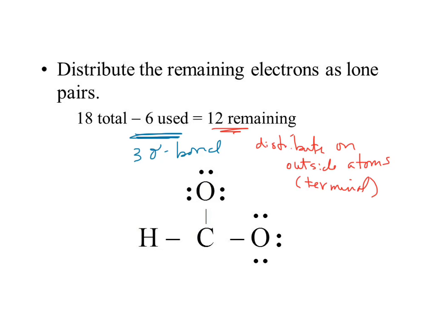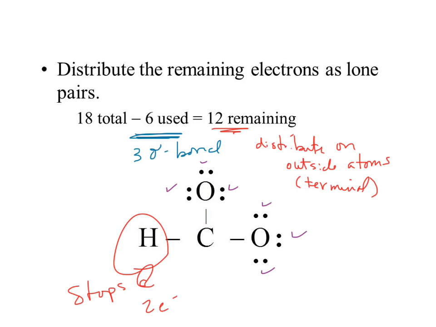We have 3 terminal atoms, hydrogen and oxygen, but hydrogen doesn't want any more. Hydrogen stops at 2 electrons. So if you count up these lone pair electrons, 2, 4, 6, 8, 10, 12.